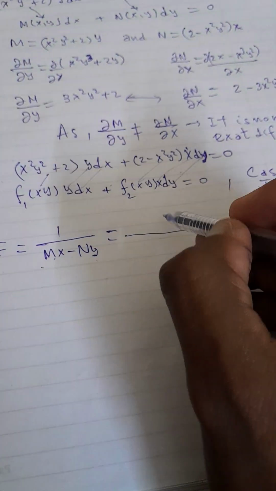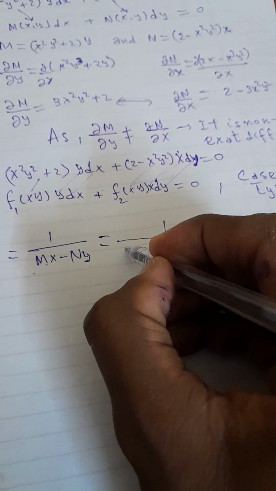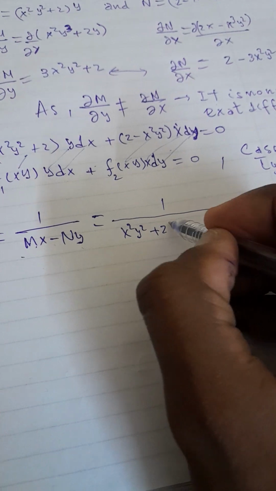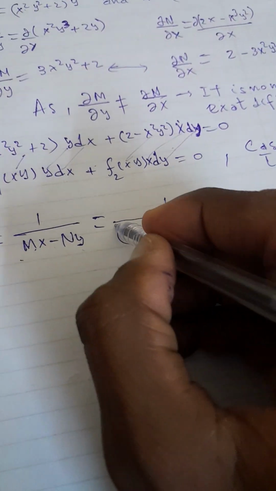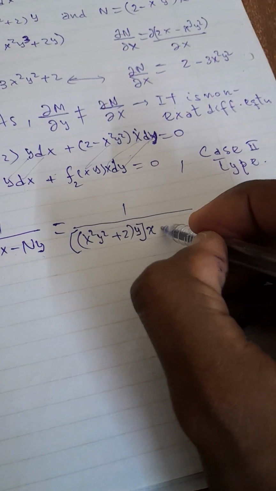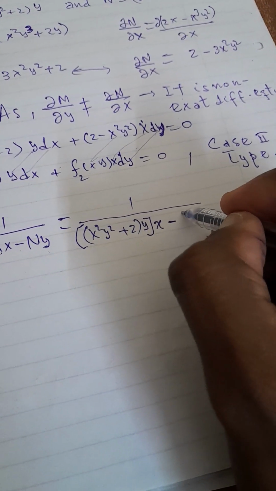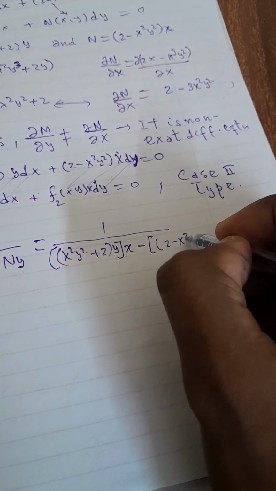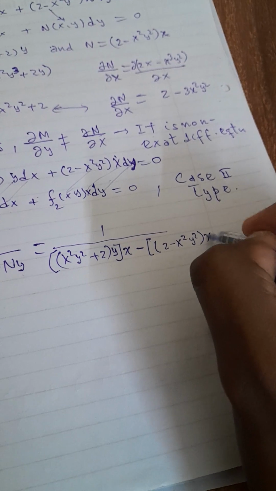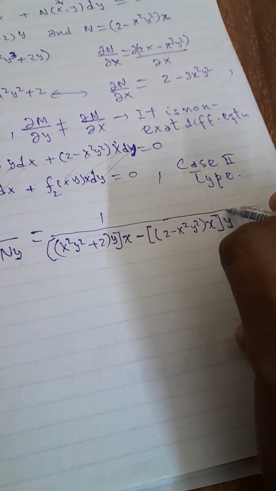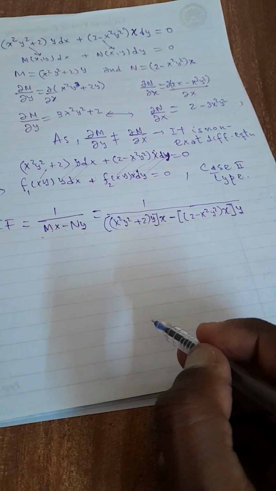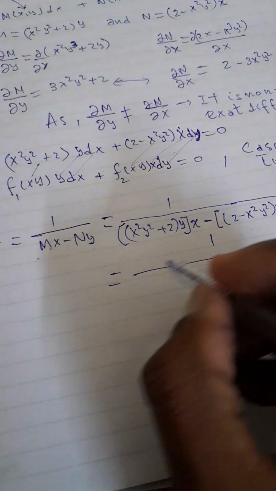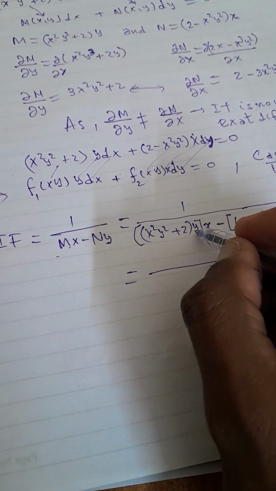This will be 1 upon mx minus ny: m is x squared y squared plus 2y, multiplied by x, then minus n, which is 2 minus x squared y squared, times x, and times y, just like this. So it will be 1 upon, multiply all these terms, x and y will be xy.